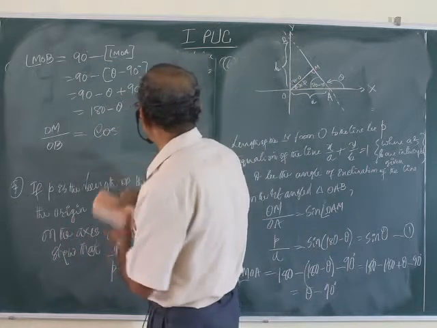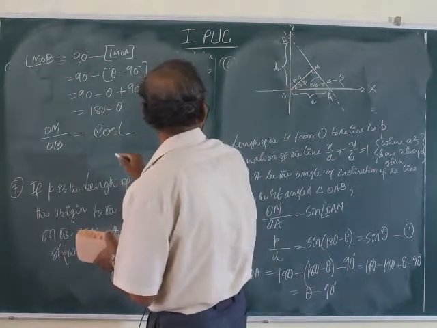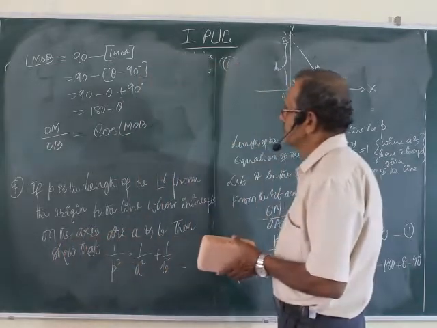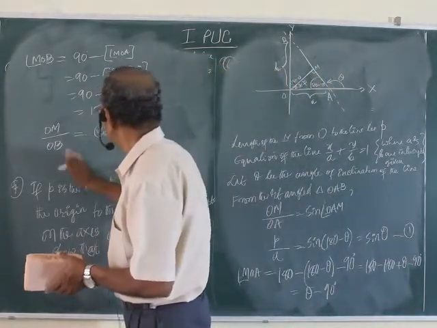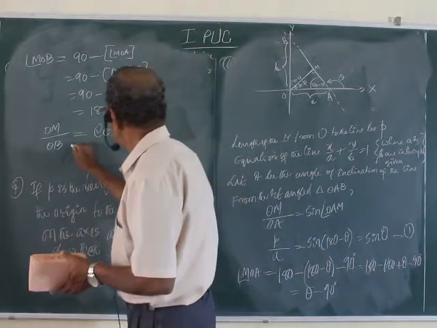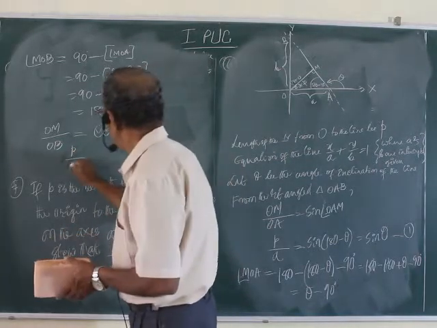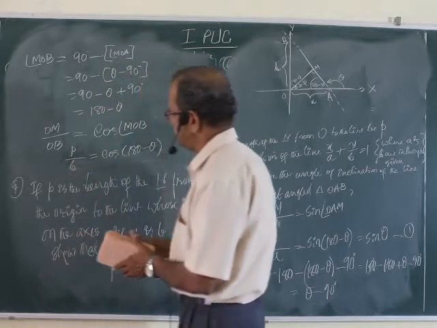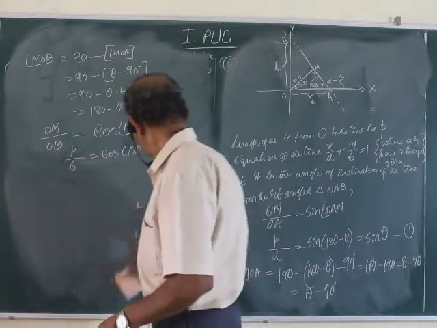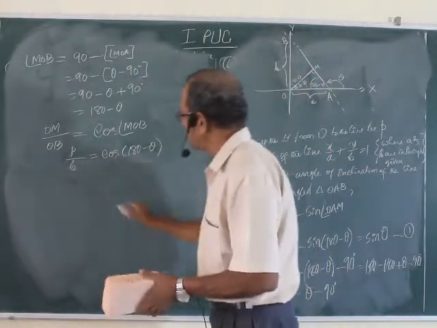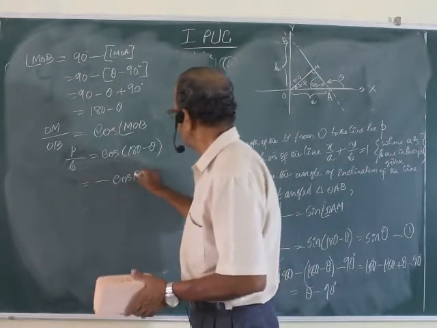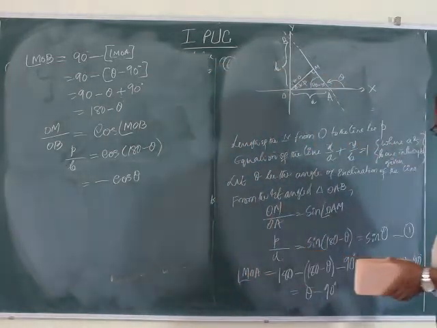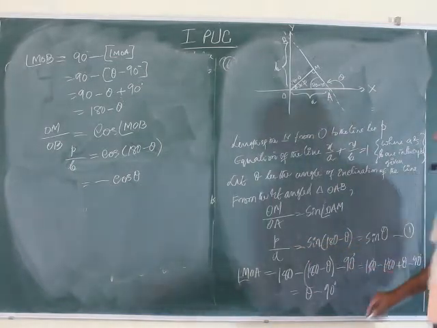OM is P divided by B equal to cos 180 minus theta. But cos 180 minus theta is minus cos theta, allied angle. And P by A equals sine theta, that is equation 1.